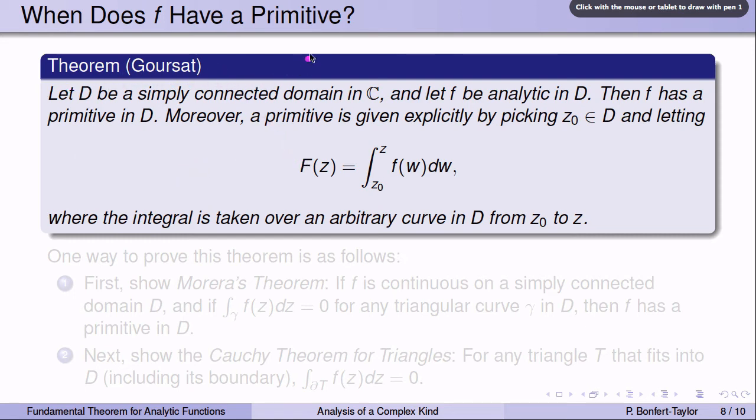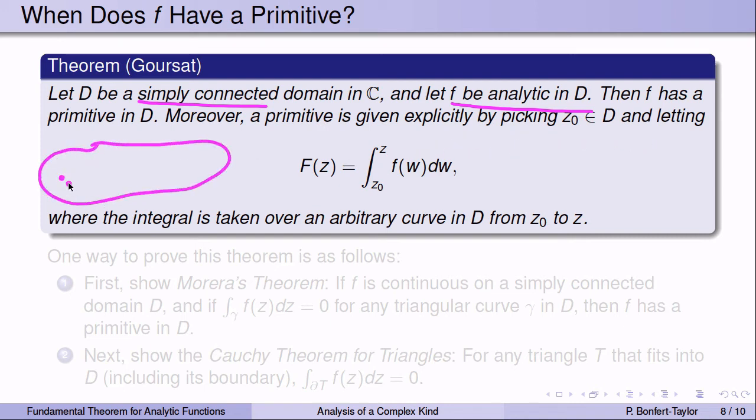Here's Goursat's theorem. Given a simply connected domain D in the complex plane and an analytic function f in D, this function f has a primitive. The big assumption in here is that D needs to be simply connected. Moreover, a primitive can be found explicitly by picking some point z0 in D, and letting F(z), uppercase F of z, be the integral from z0 to z of f(w) dw.